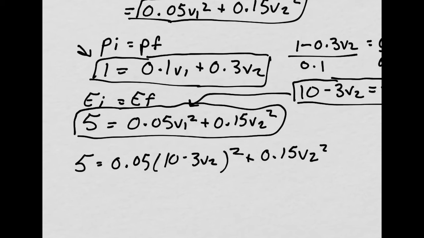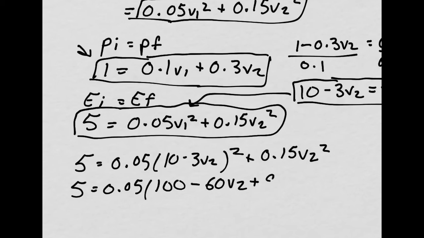Let's FOIL this out: 100 minus 60 V2 plus 3 squared, which is 9 V2 squared. And now we multiply it by 0.05.